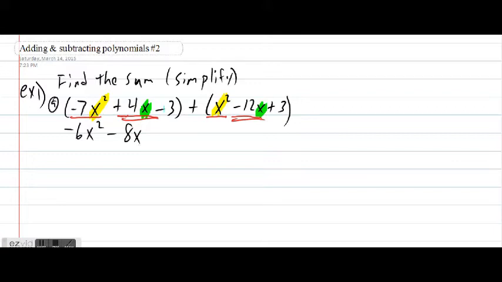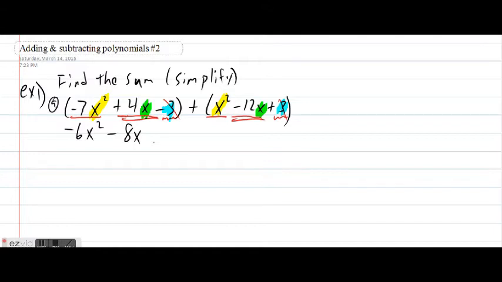And then our constants, negative 3 plus 3, they cancel out. So I'm left with no constant. I could put plus 0, but you guys know that's just kind of wasting your time. So there's the answer.